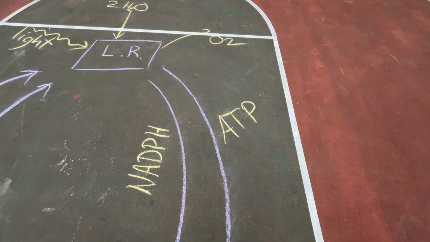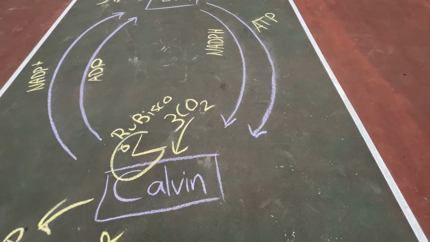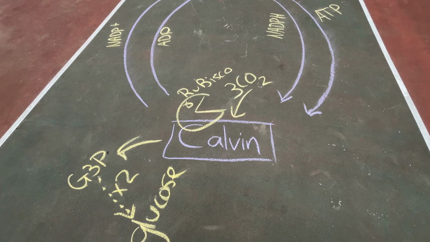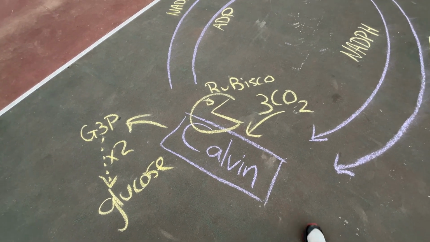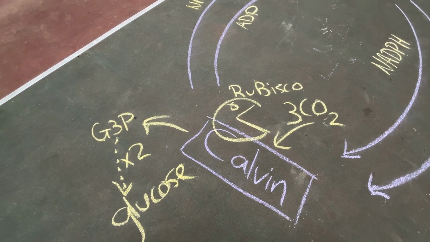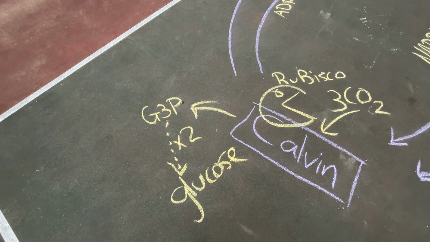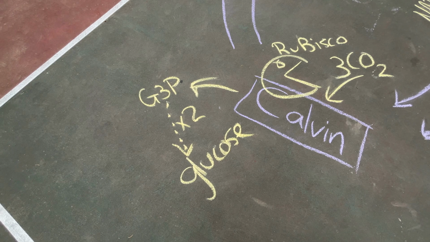Those two molecules are energy carriers that are then going to bring that energy to the stroma, where the Calvin cycle takes place. The Calvin cycle is all about taking carbon dioxide and, with the help of an enzyme called rubisco, making these molecules called G3Ps. Now each G3P only has 3 carbons in it, so it's going to take 2 of those to make a 6-carbon glucose.